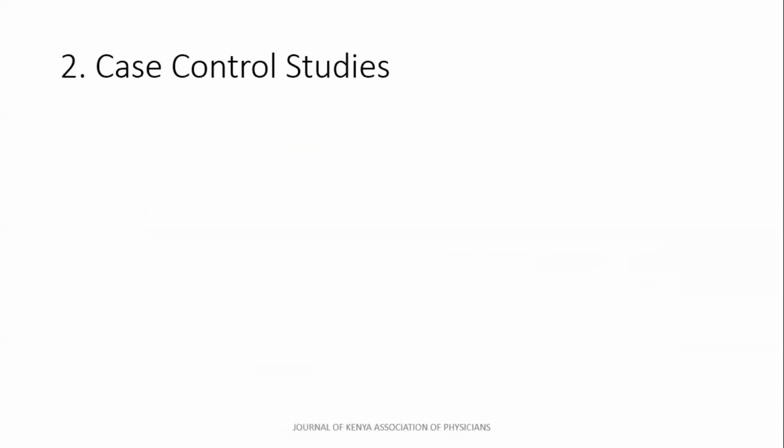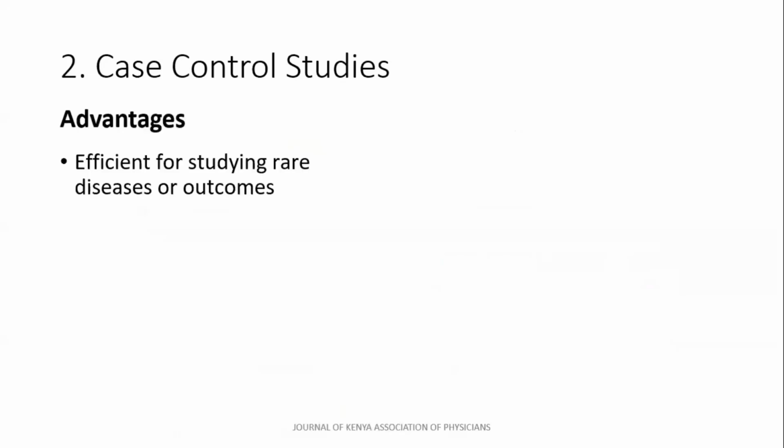Yeah, so starting with the advantages, case control studies are ideal for rare diseases. So instead of waiting for new cases to occur, we start with the people who already have the condition, and then look backwards and try to identify some of the exposures or risk factors that may have led to them developing the outcome of interest.